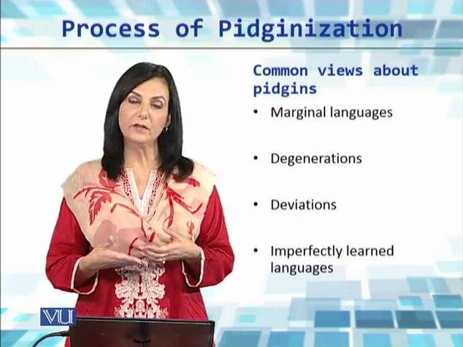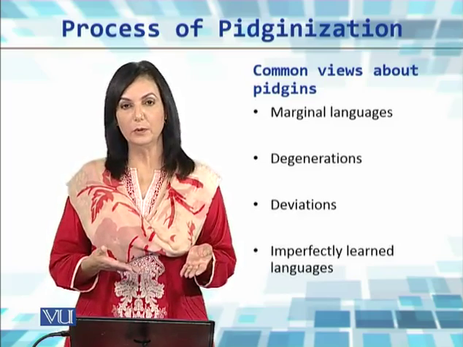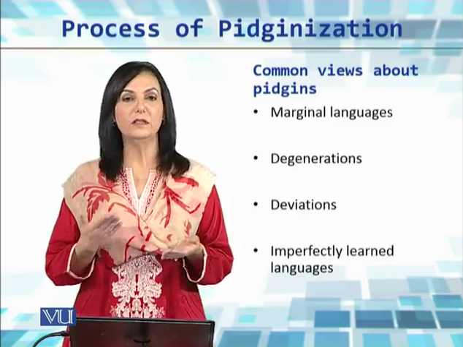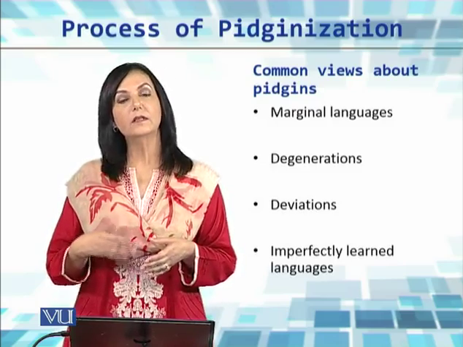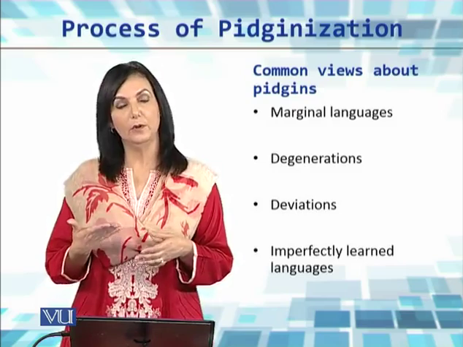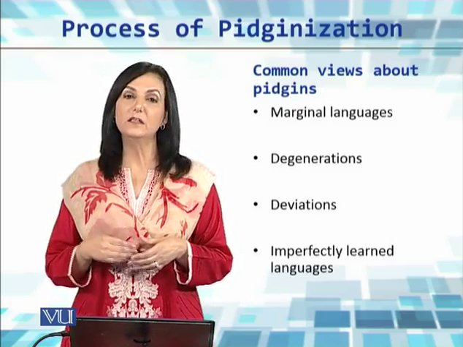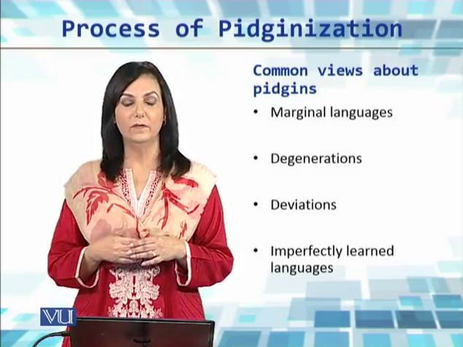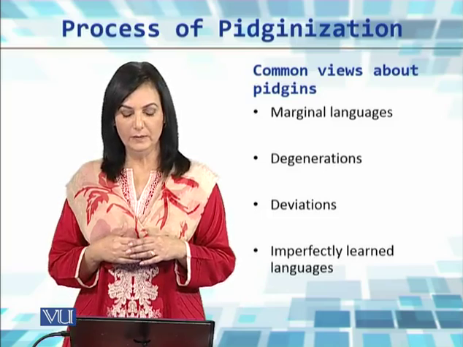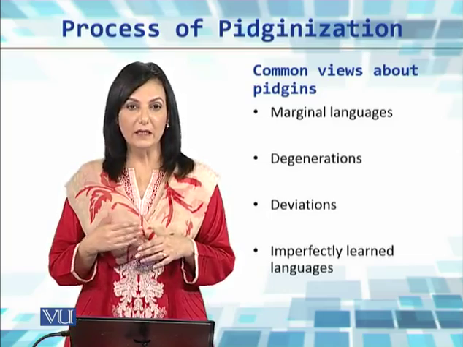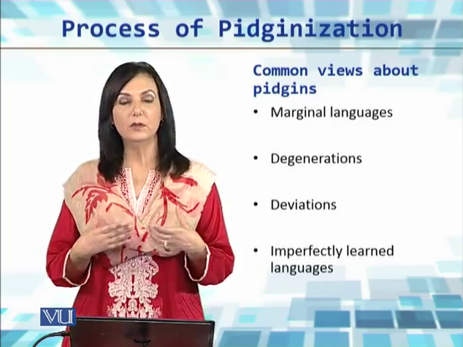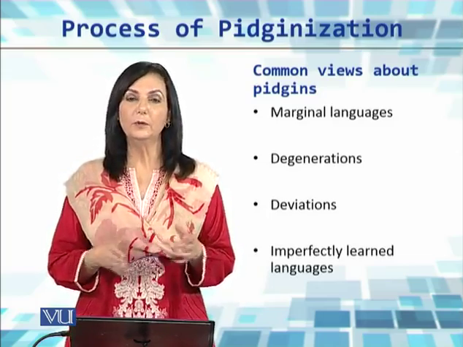Because of the simplification, some of the examples that we've just looked at, this reduplication, simplification of the vocabulary and grammar, they are not considered improvisations of the target language or the dominant language, but degenerations and deviations of the dominant language.